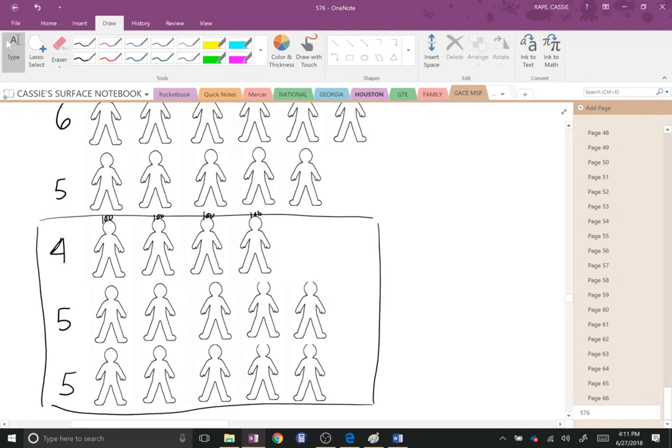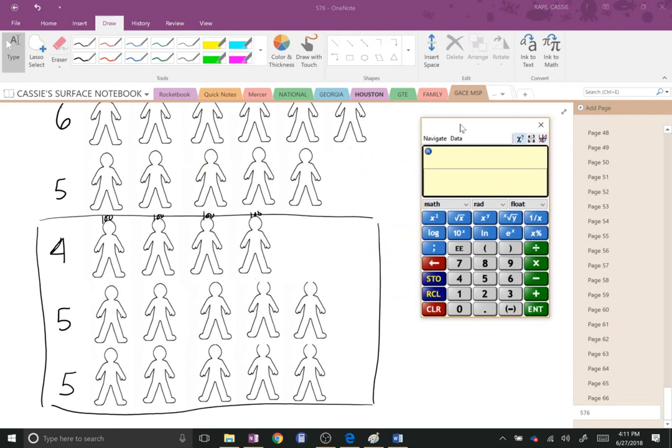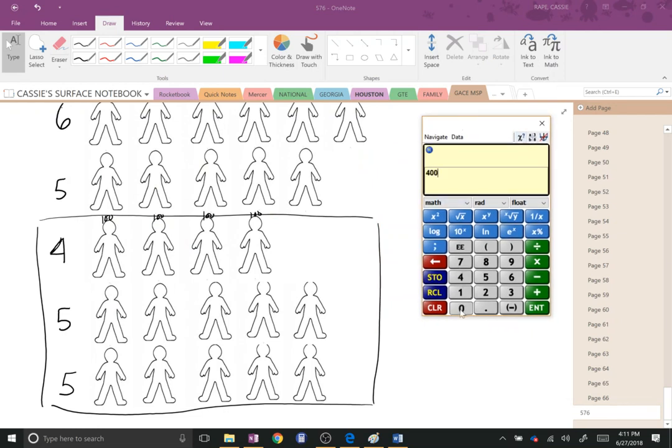so if I wanted 12.5% of this district with 400 people, all I would have to do is go, okay, 400 times 12.5. So there's going to be 12.5 people in each district. Oops, sorry.